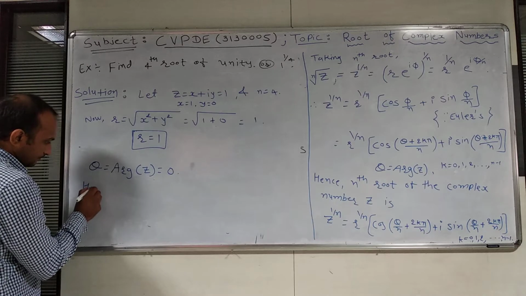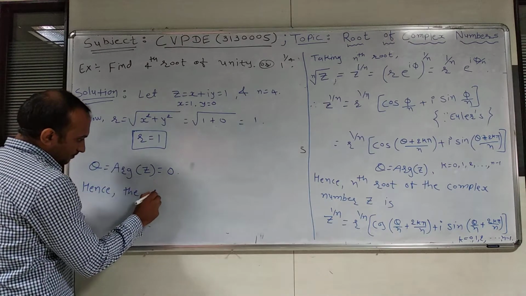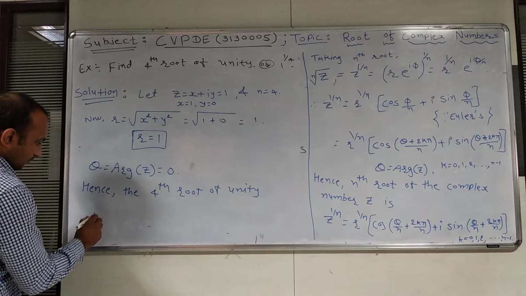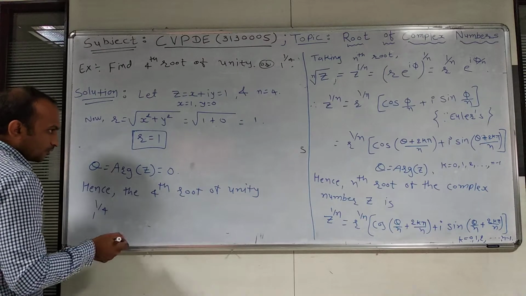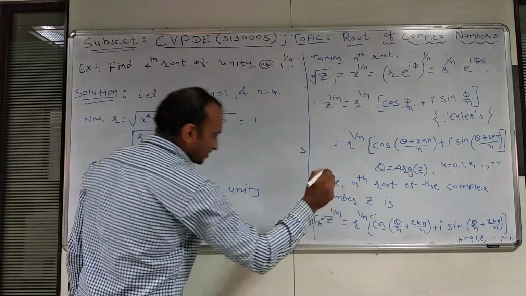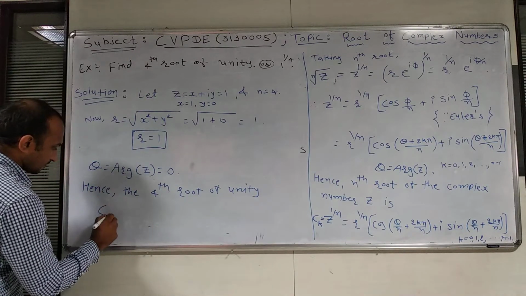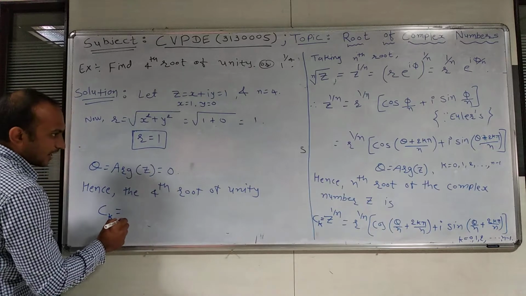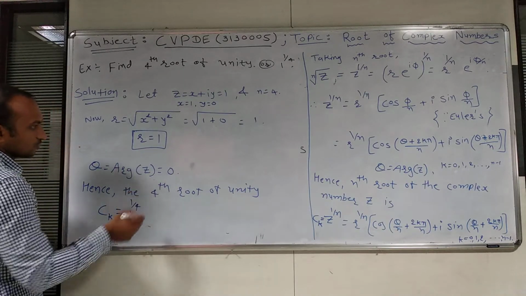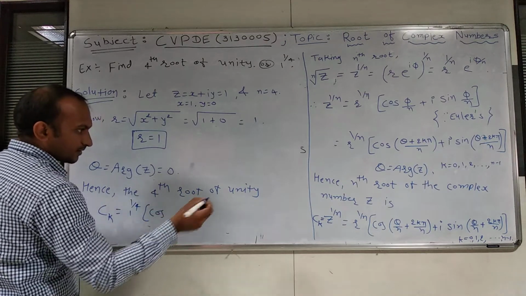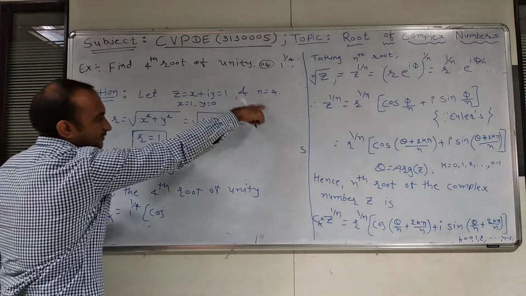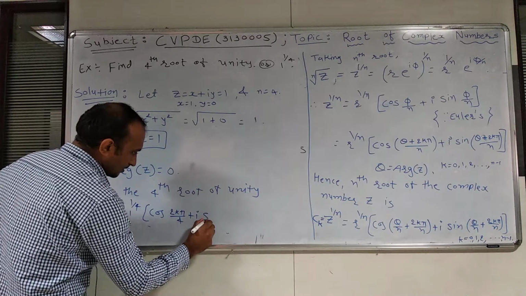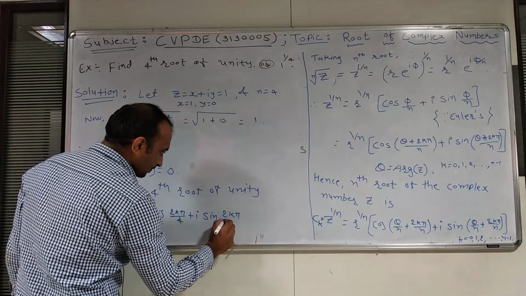Hence the fourth root of unity, 1 raised to 1 upon 4, is denoted by c_k, which equals r raised to 1 upon 4 in brackets cos theta by n, where theta is 0, so 0 by 4 is 0, so only 2k pi by 4 remains, plus i sine 2k pi by 4.